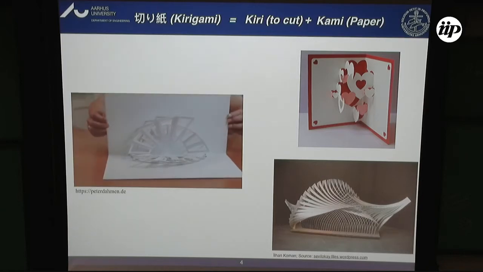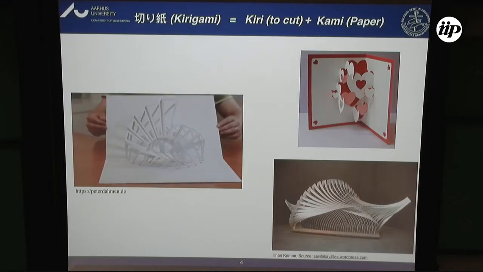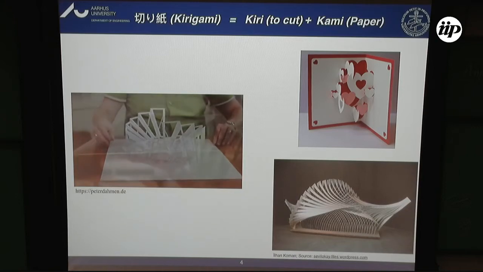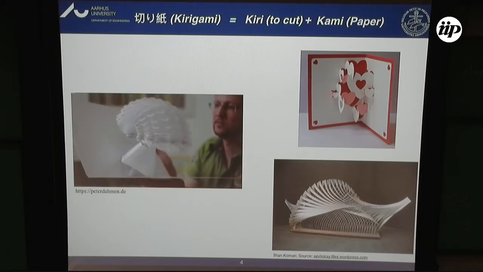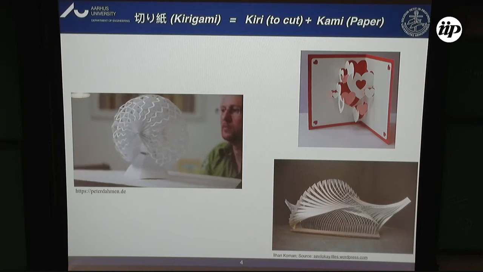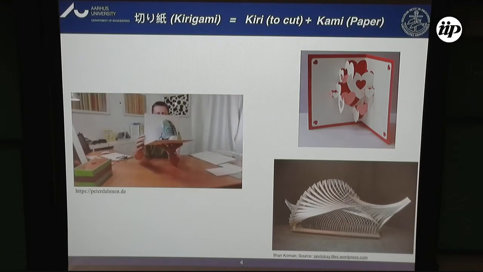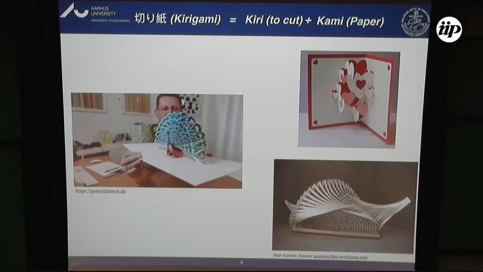So it's a very straightforward idea, and here it's just a simple example. I have a thin sheet, like a membrane, and then I pull on it, and you can see all the cuts.